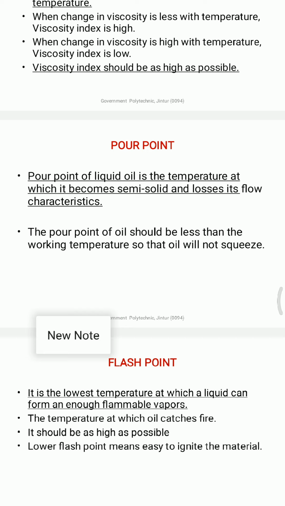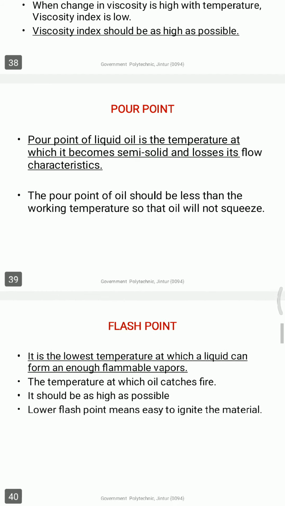Pour point of a liquid is the temperature at which it becomes semi-solid, or it loses the flowing property, means it solidifies. This is the pour point. Pour point should be less than the working temperature. Whatever temperature the system operates at is called the working temperature, and the pour point should be less than the working temperature.